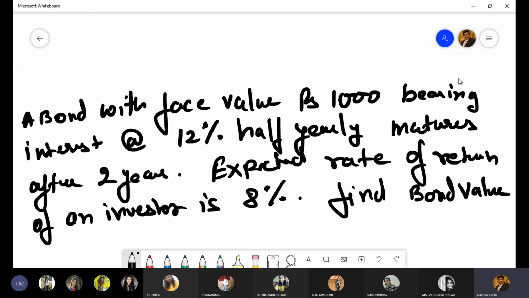After completing these two questions, we have completed the first part of the chapter, that is bond valuation and the decision on whether to buy a bond or not. Now we have two more parts to complete: yield to maturity, YTM, and number two, bond duration.